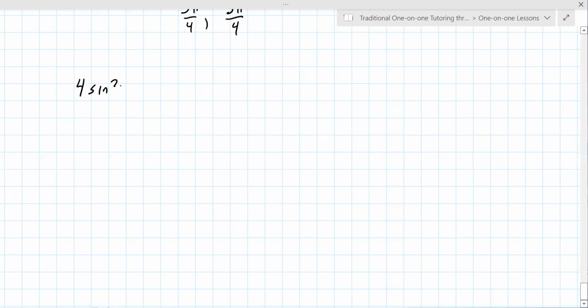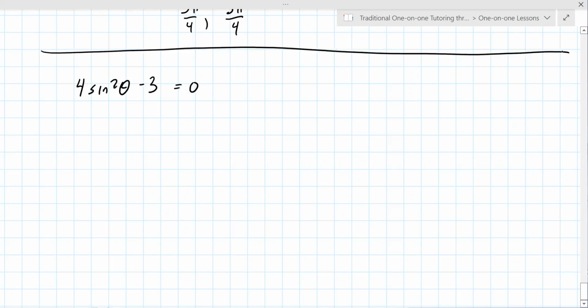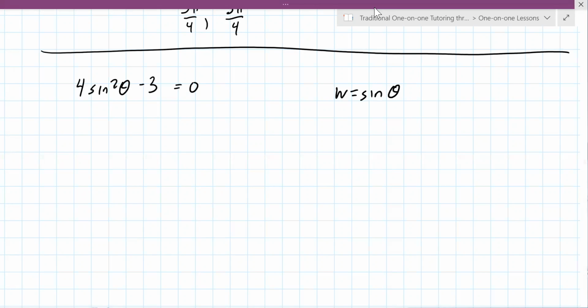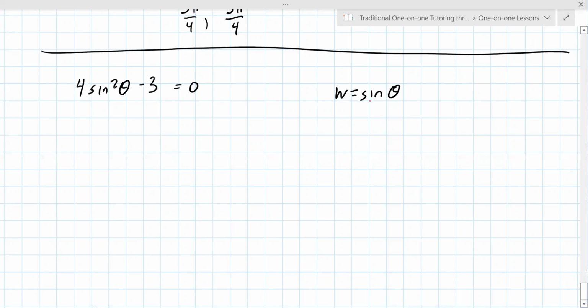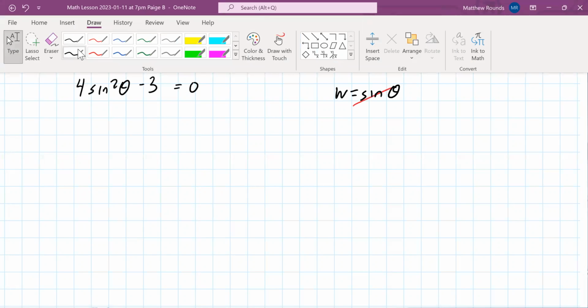4 sine squared theta minus 3 equals 0. At some point, you don't want to make this substitution because it's unnecessary. You're just putting it back in. When you're done, your goal here is to solve for sine theta.